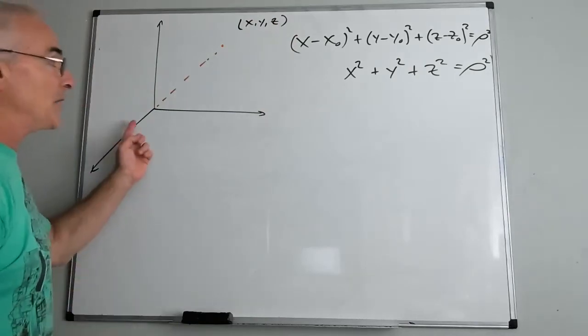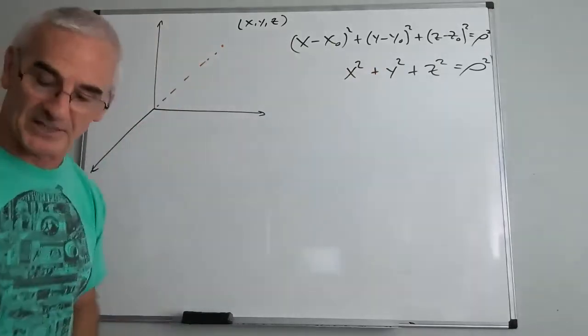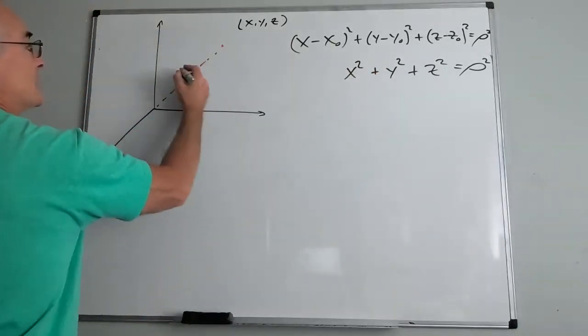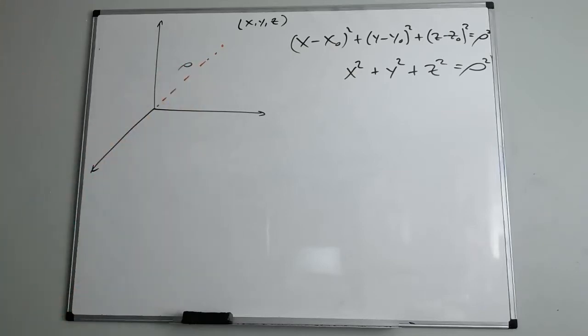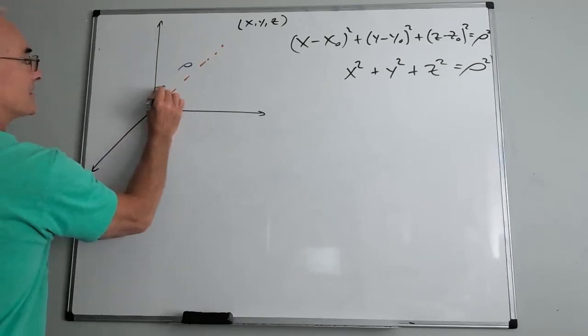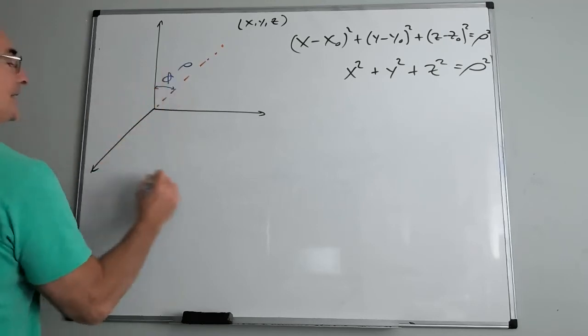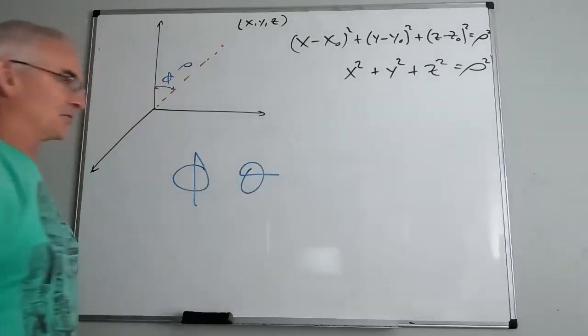Okay, this is just some point X, Y, Z. Now, I've gone out from the origin, I'm out in space. I'm not on one of the planes, I'm out in space. So first of all, this distance here, this is rho. The angle that I'm going to make with the Z axis is called phi. Phi is this way. Theta is this way.